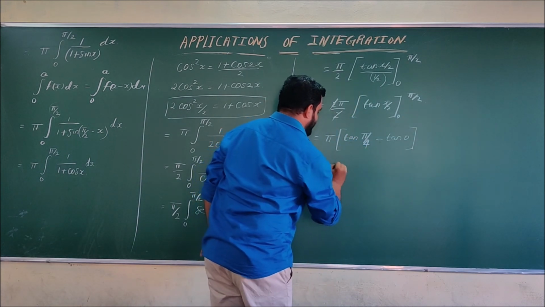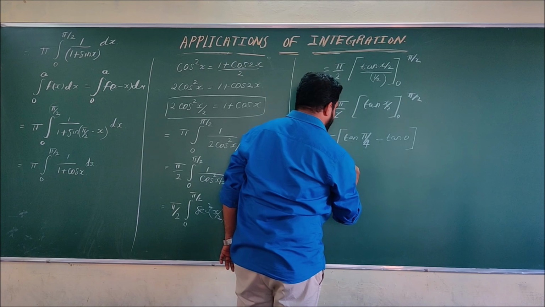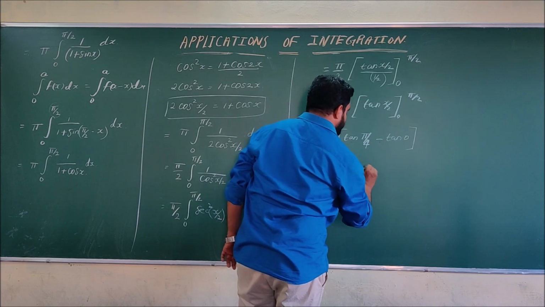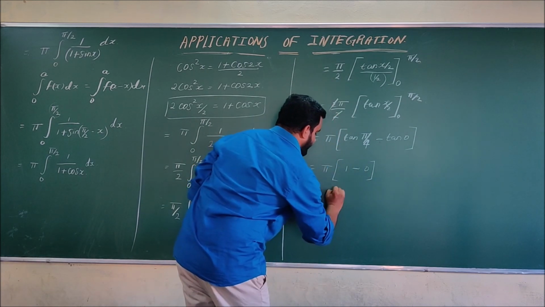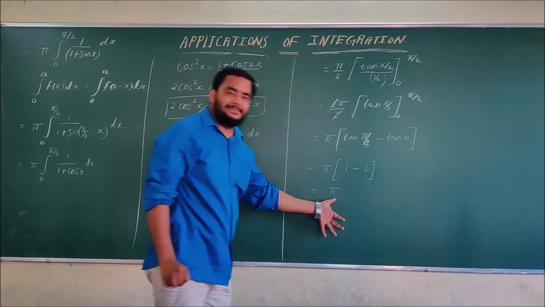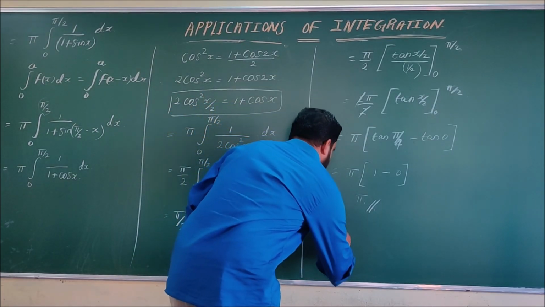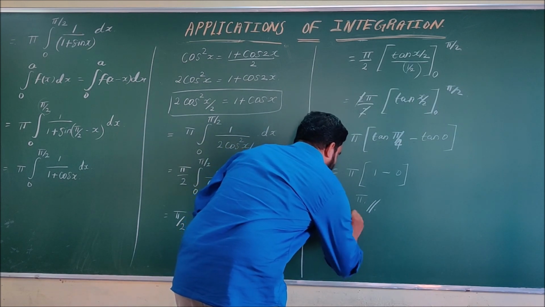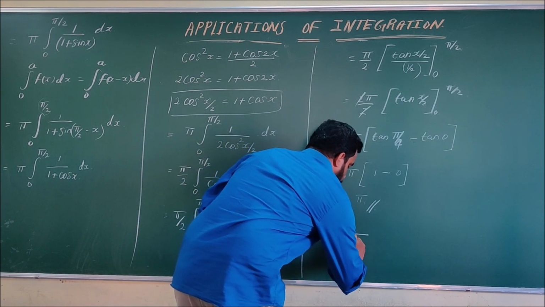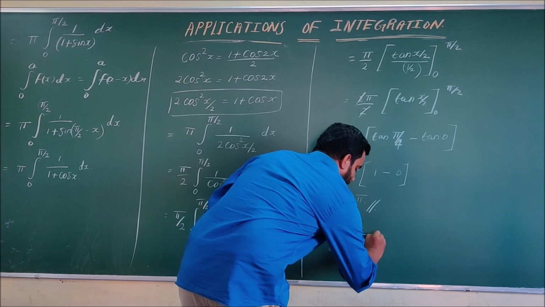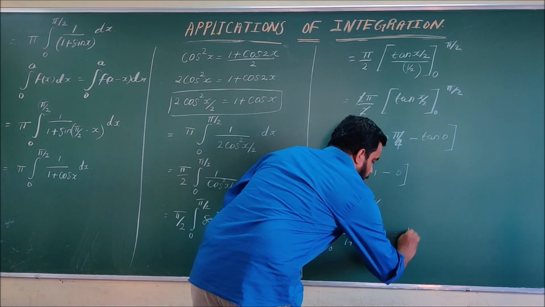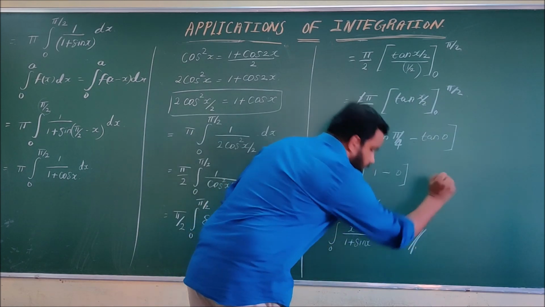So pi into tan pi by 4, whose value is 1, and tan 0 is 0. So the answer is pi. Your book answer is wrong. The solution is: the integral of 0 to pi, x by 1 plus sin x into dx, is equal to pi.